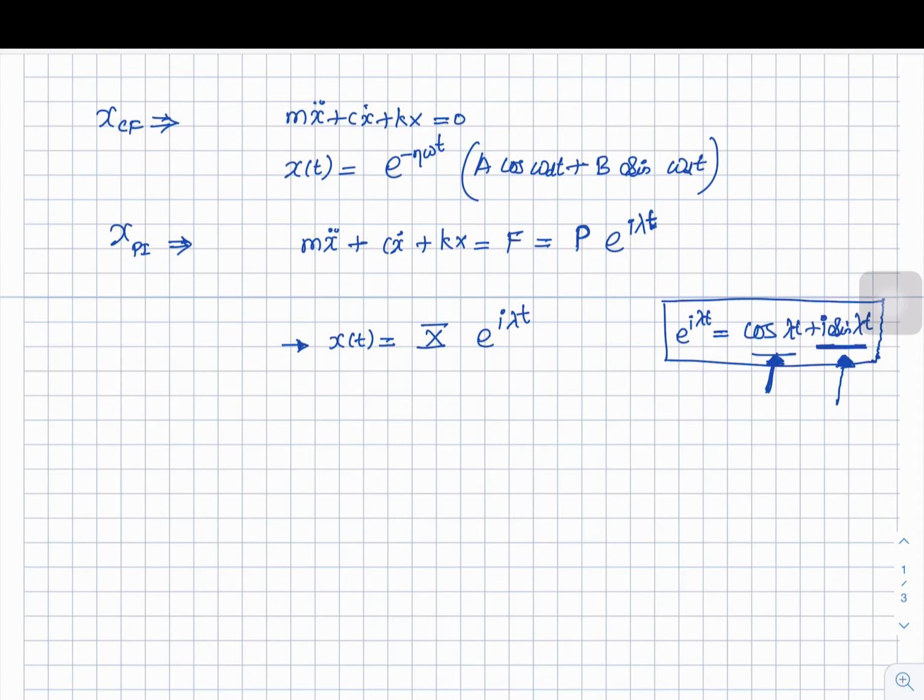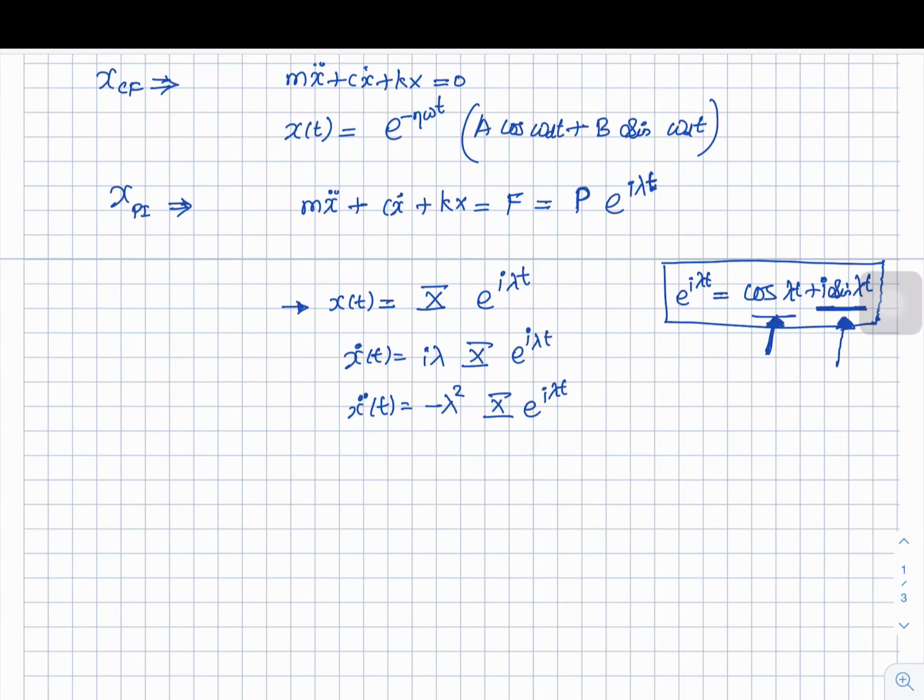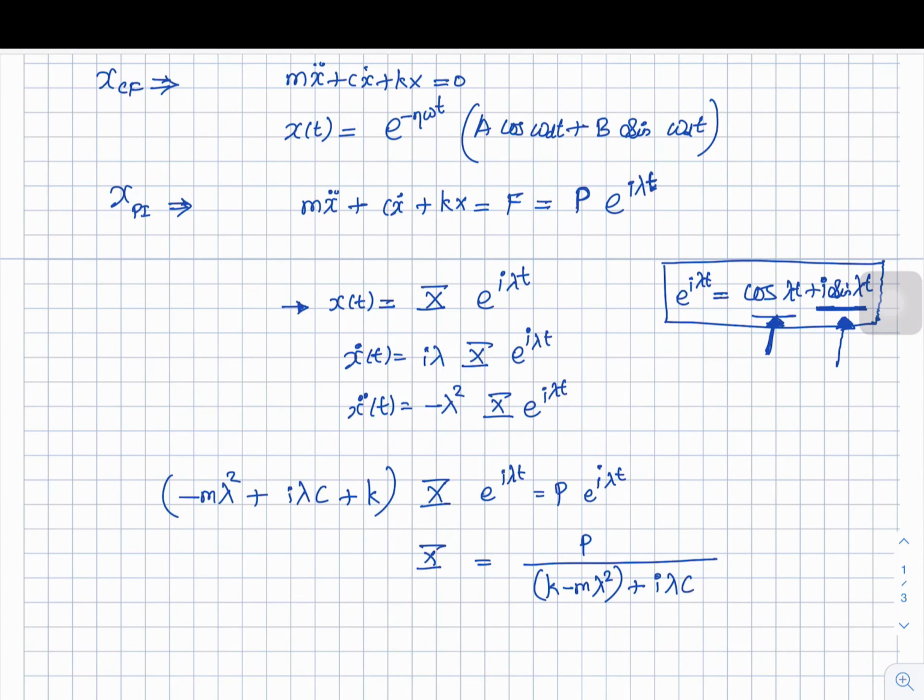Let's continue. We will substitute this assumed solution into the equation. Then we will get, and this simplifies to k minus m lambda square plus i lambda c.